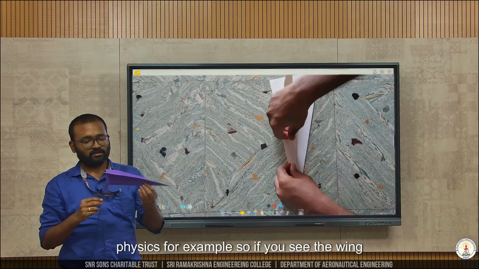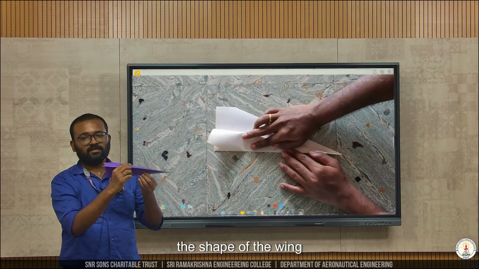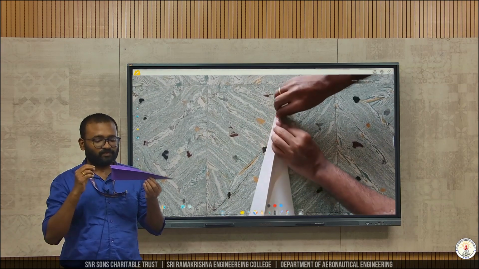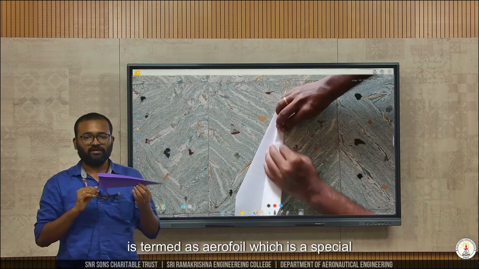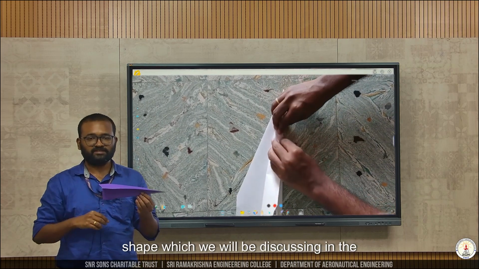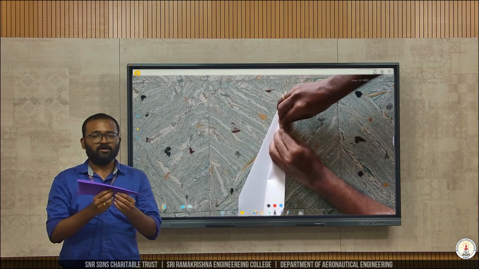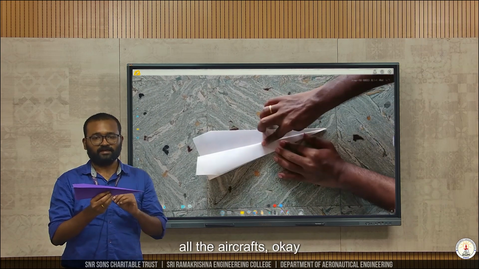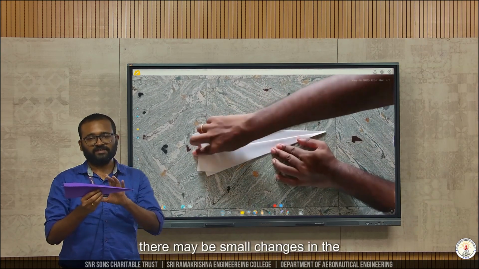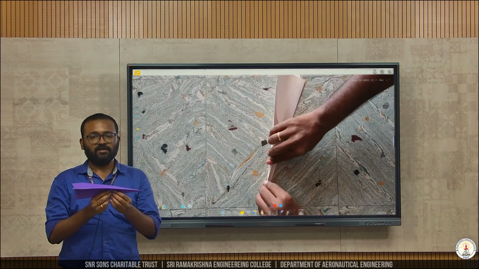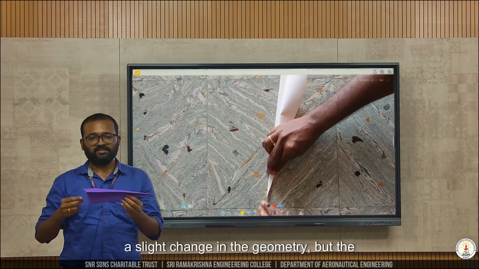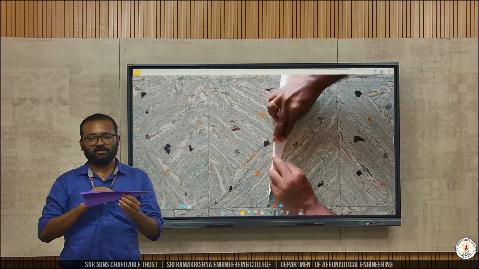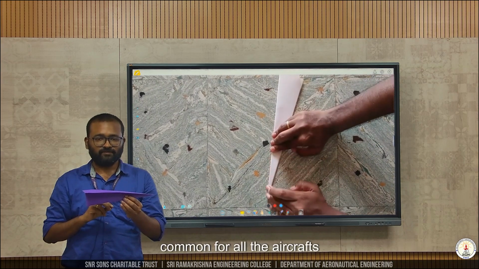For example, the shape of the wing is termed an aerofoil, which is a special shape which we will be discussing in this session. This special shape is similar for all aircraft. There may be small changes in the size and a slight change in the geometry, but the aerofoil is common for all aircraft.